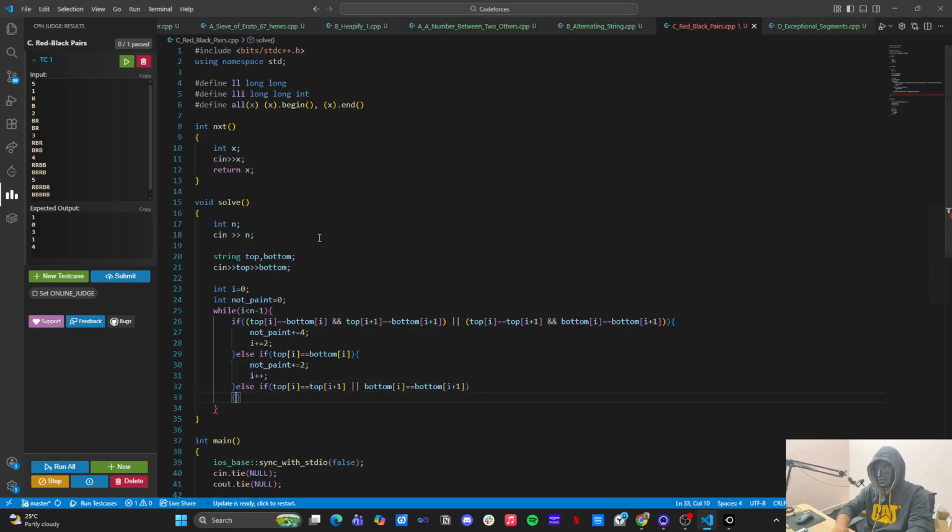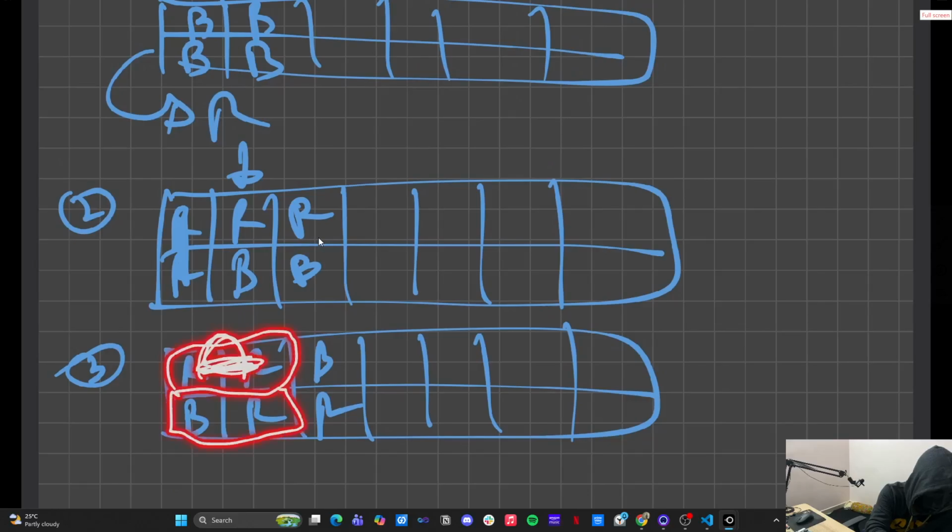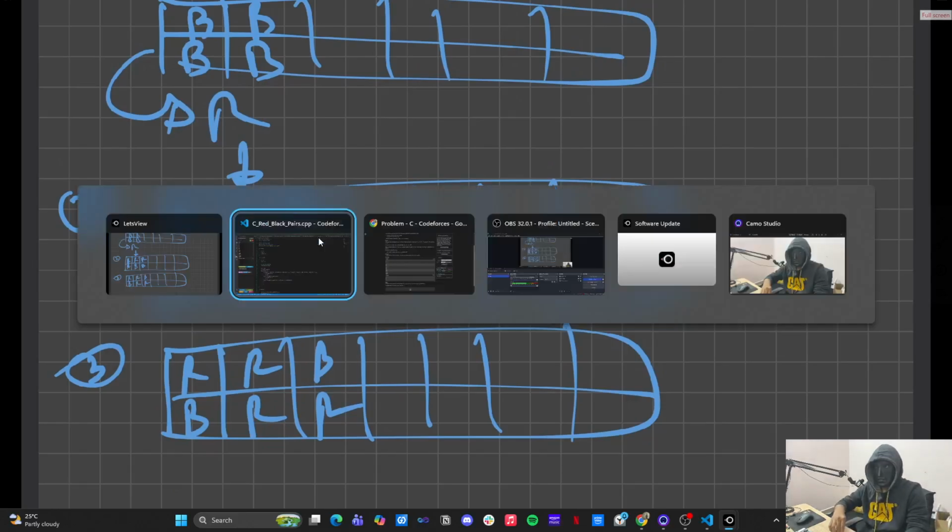So if either are equal, then it's like one pair we have got, wherein in the painting we are not doing. In this case, these two paintings we are not doing, but below we will be doing painting, right?